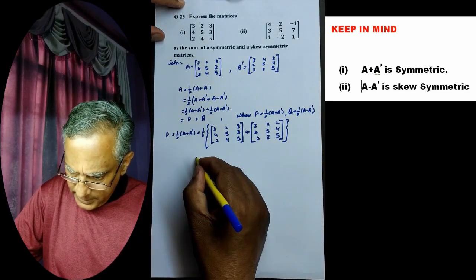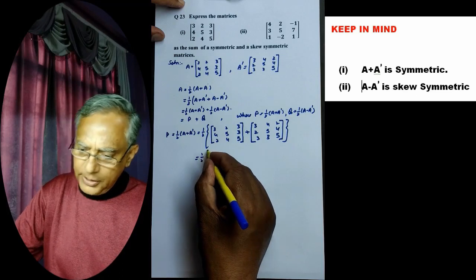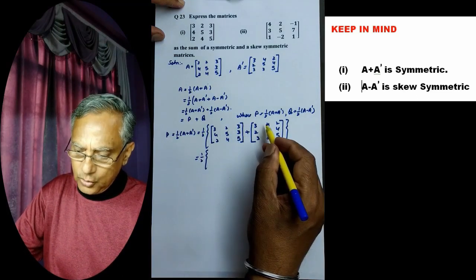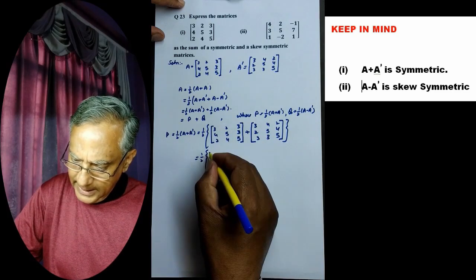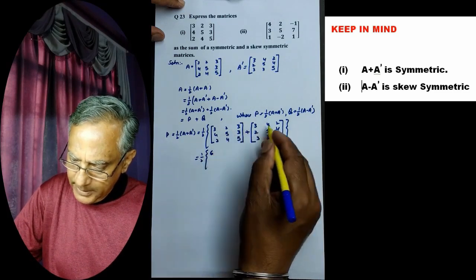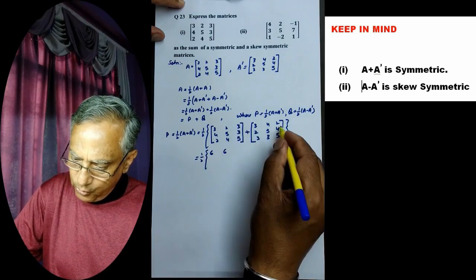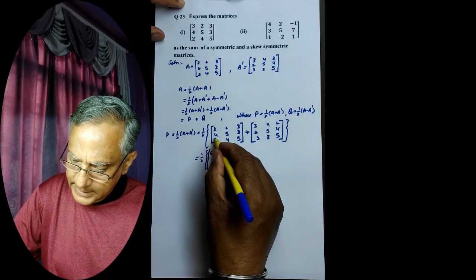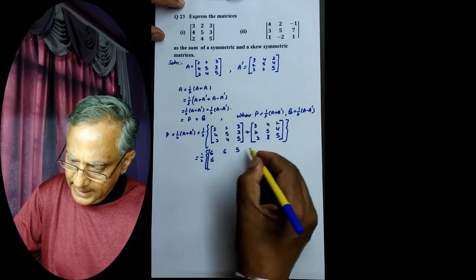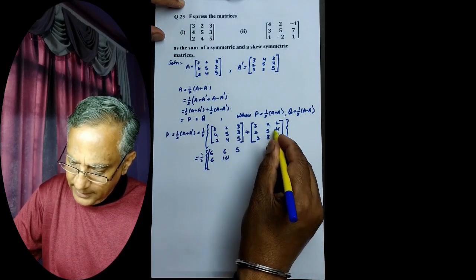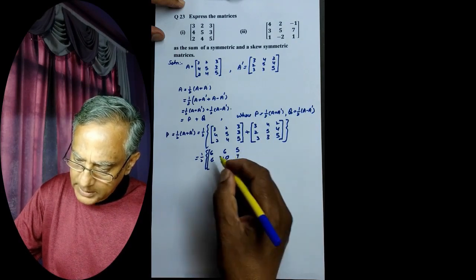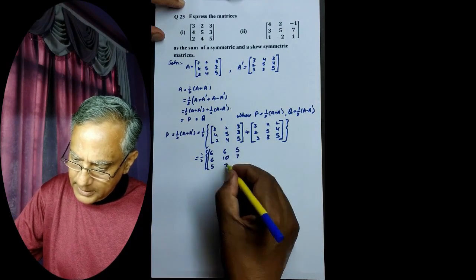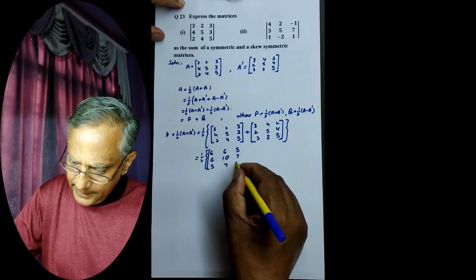Now what we do is we add these two matrices, that is add the corresponding entries. So 3 plus 3 will be 6, 2 plus 4 will be 6, 3 plus 2 is 5, and 4 plus 2 is 6, 5 plus 5 is 10, 3 plus 4 is 7, 2 plus 3 is 5, 4 plus 3 is 7, 5 plus 5 is 10.